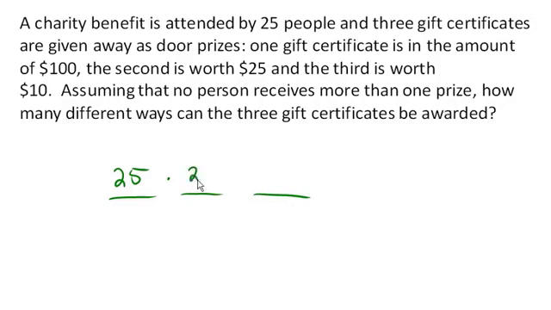And for the last prize, for the $10 prize, there's 23 people. And so we end up with 13,800 different ways that these prizes could be awarded. And you'll notice that this looks awfully similar to the factorial that we were doing earlier, but truncated, right?